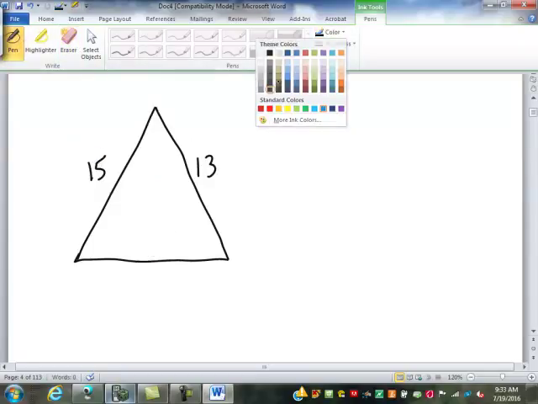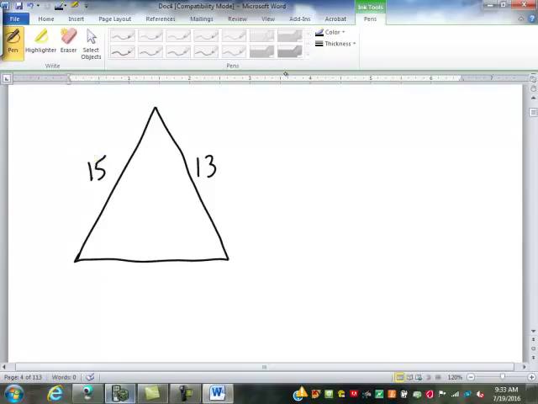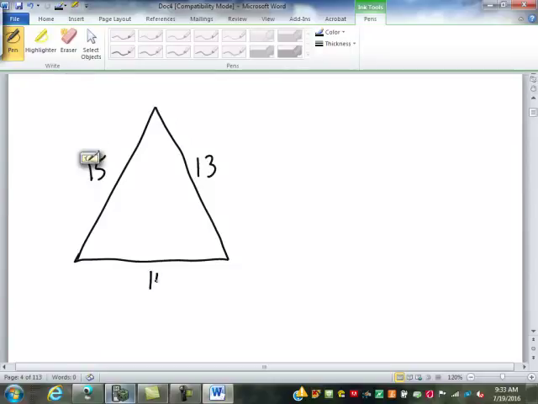I'm going to issue this one as a challenge problem for you. This problem here, with what we're given there, is it possible to find the area of that triangle?